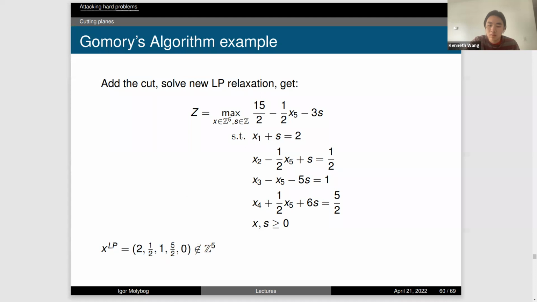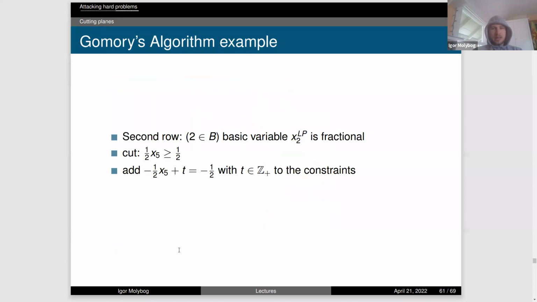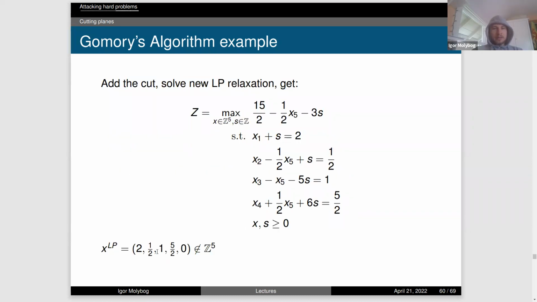Here we again have three integral valued components and two non-integral valued components, in addition to a value of s that is not mentioned here. Now we can pick the second row because it corresponds to the basic variable x2, which is also fractional.